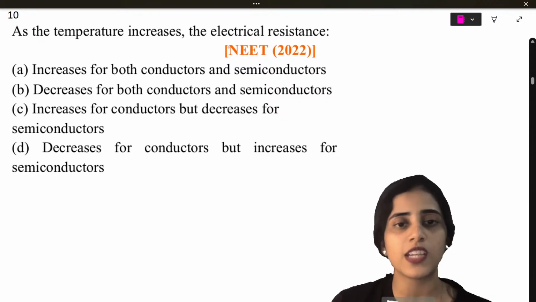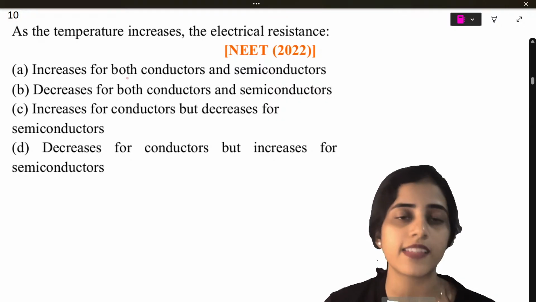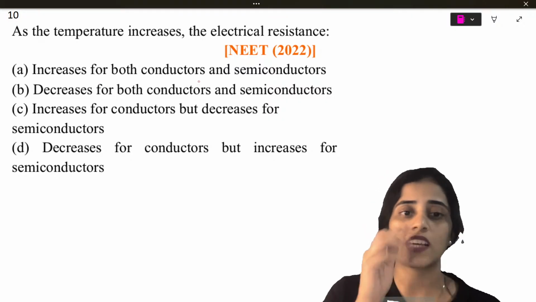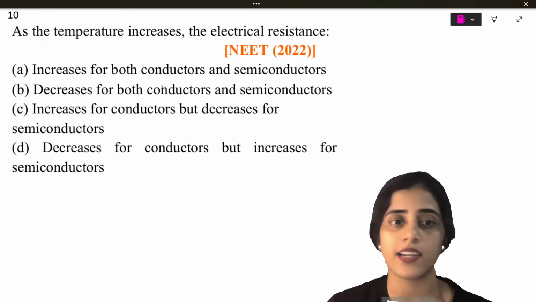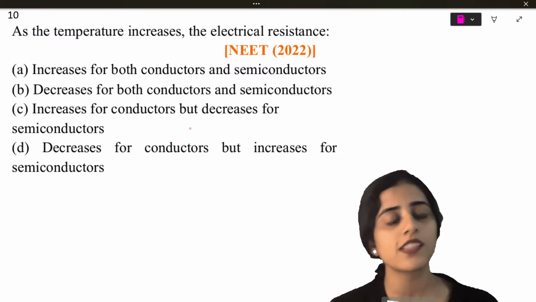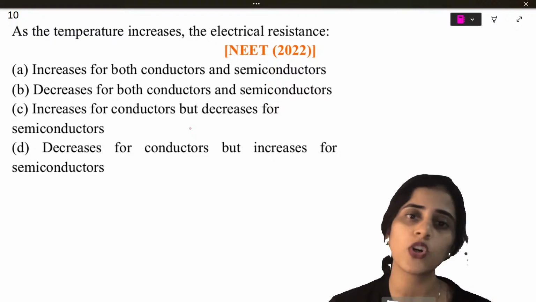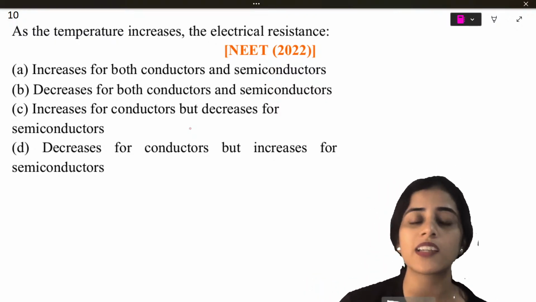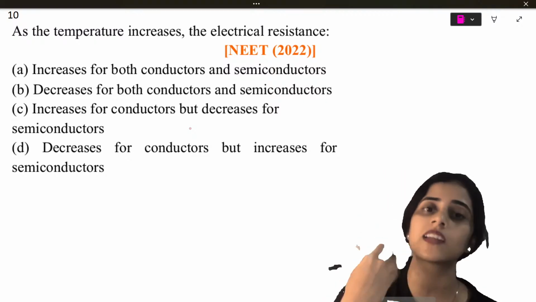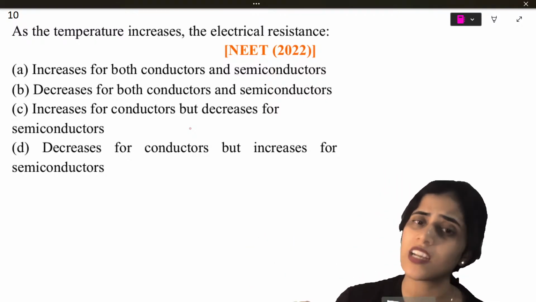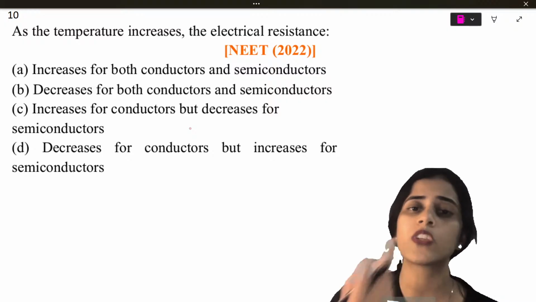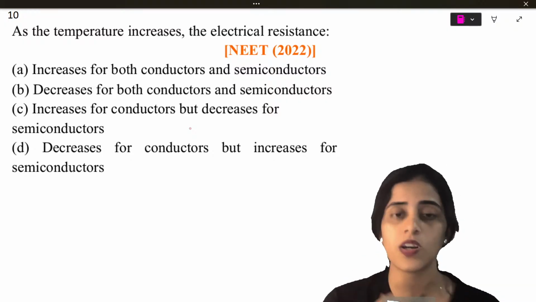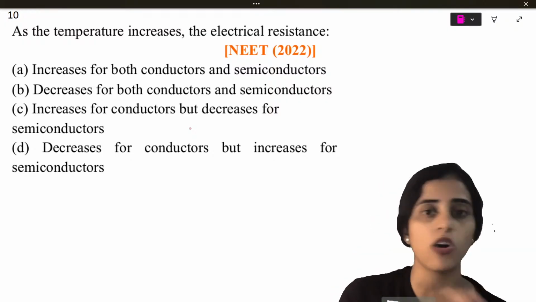As the temperature increases, the electrical resistance, how does it vary for conductors and semiconductors is the question. So what do you think is the answer? All of you might know, when temperature increases, what happens to particles in a conductor? The particles start moving faster. And when the particles start moving faster, it's very difficult for current to pass through, which means the resistance is very high. What is resistance? Opposition to the flow of current.